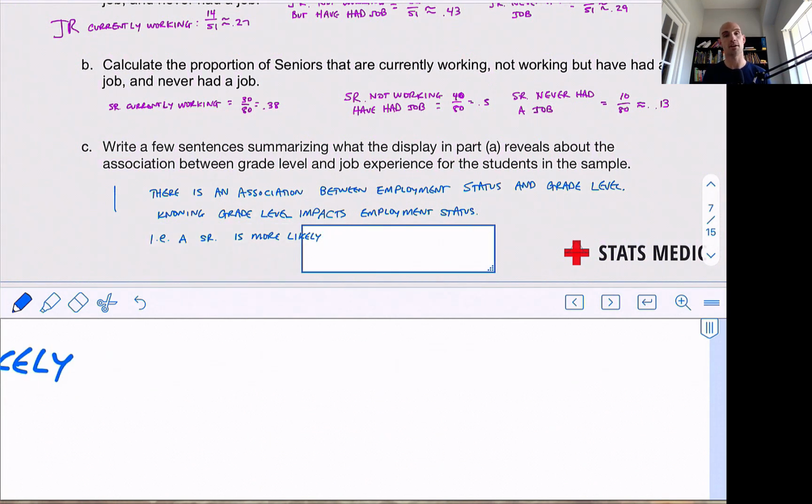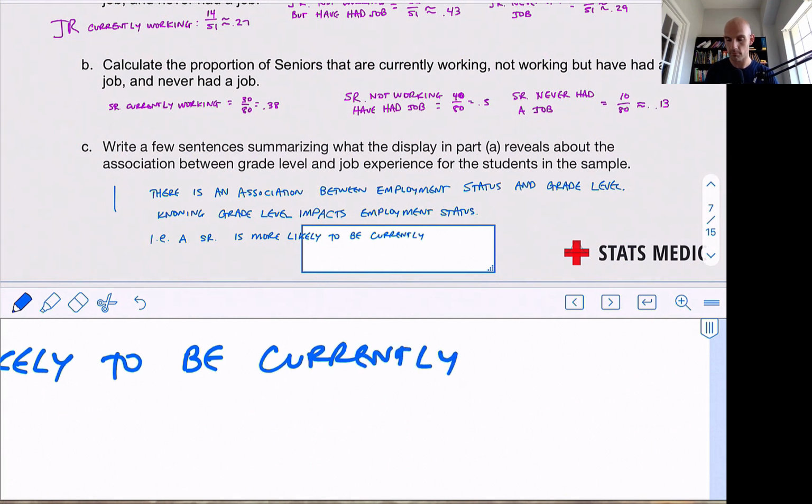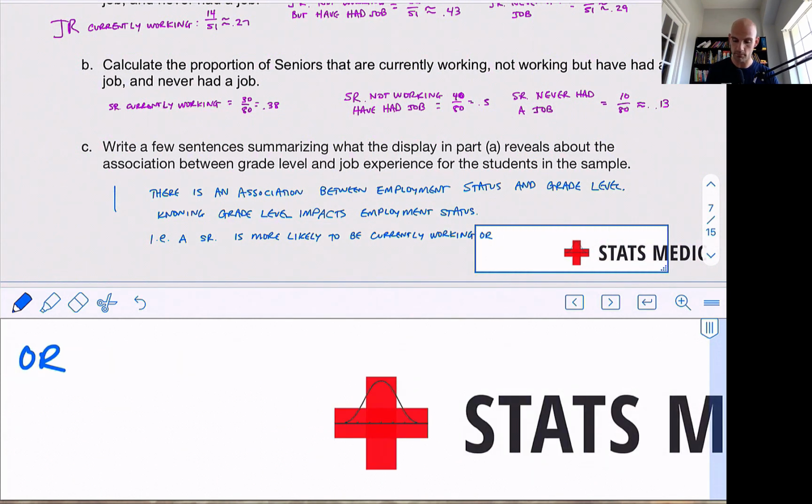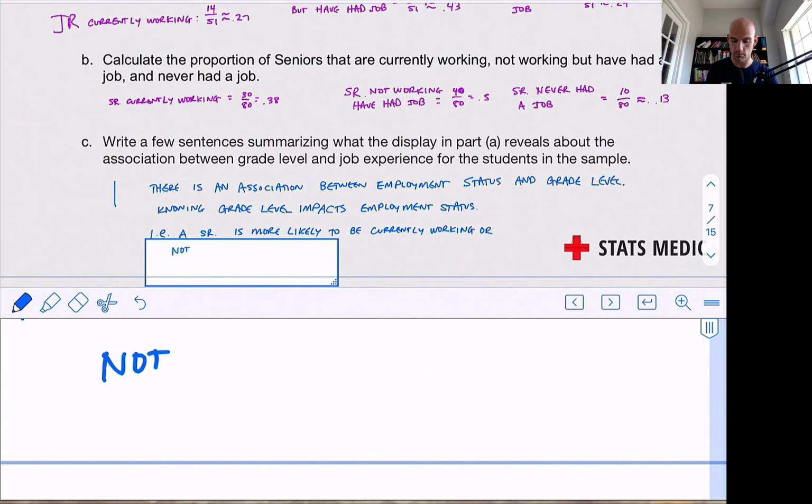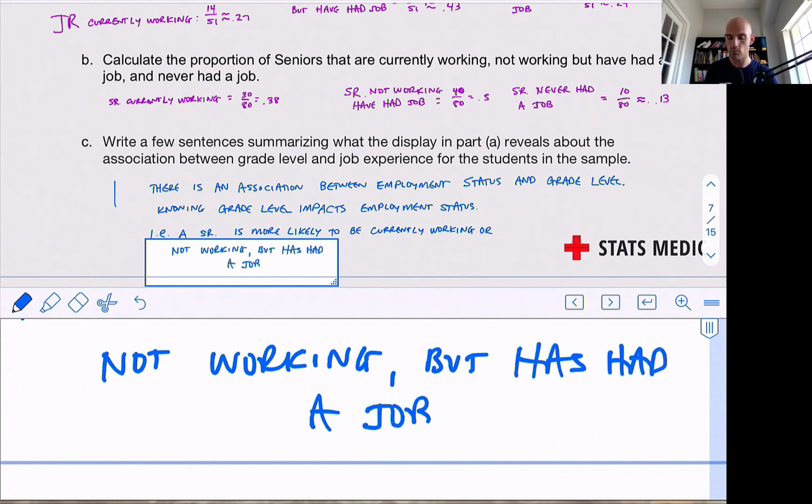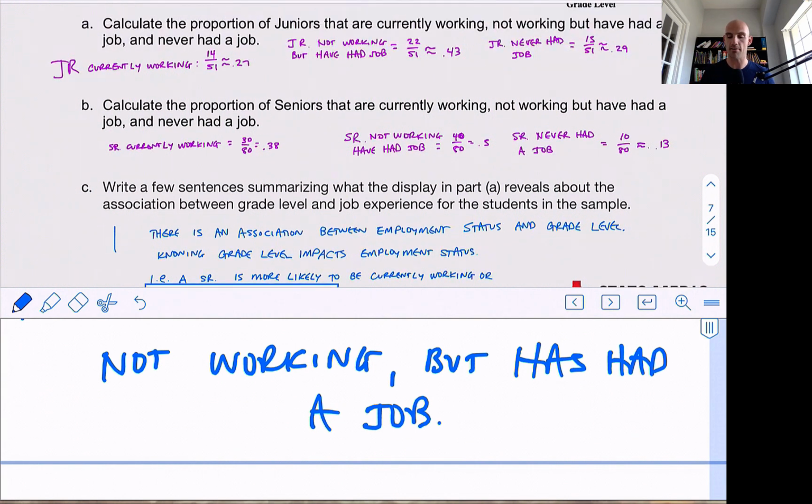Well, look at our percentages here. It's more likely to be currently working, or not working but has had a job. Okay, a junior is more likely to have never had a job because they obviously have these statistics here.